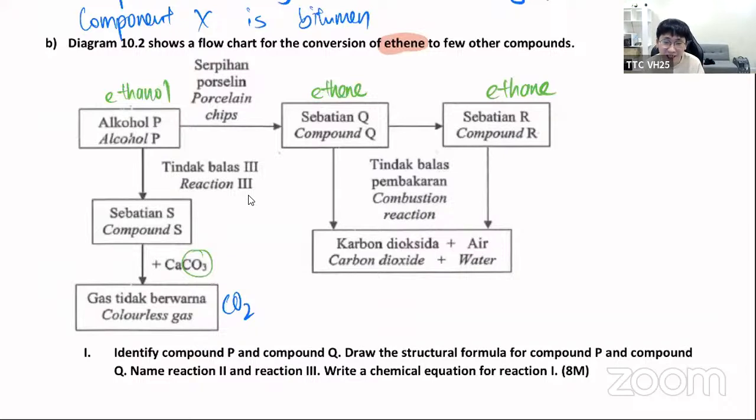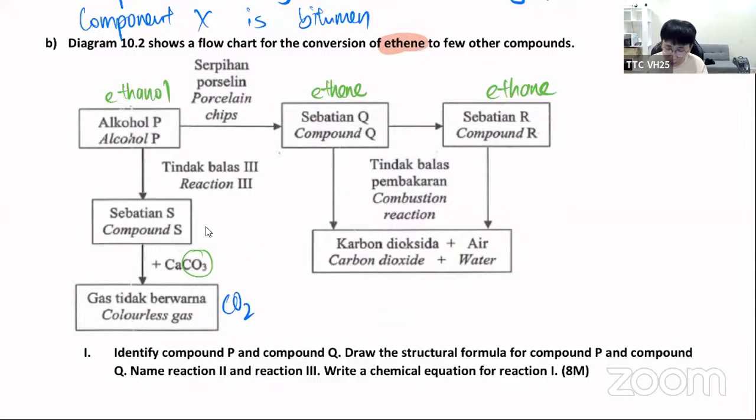What is reaction 3? You see CO3, you get CO2. Then you think backwards. What plus CaCO3 can give you CO2? If you remember, there are 2 ways for CO3 to get you CO2. Either you heat CaCO3, you get CO2, or you add acid to CaCO3, you get CO2.